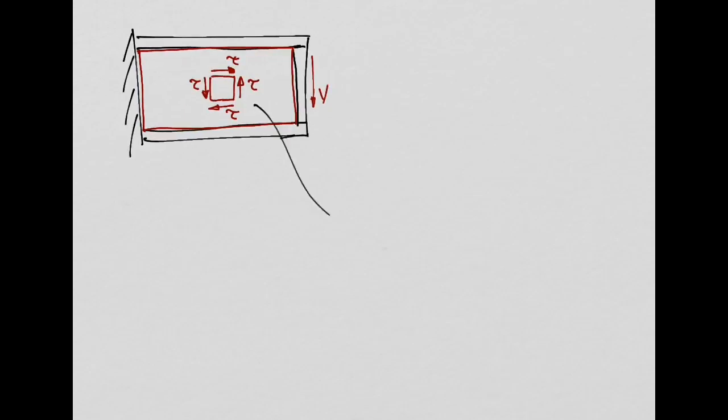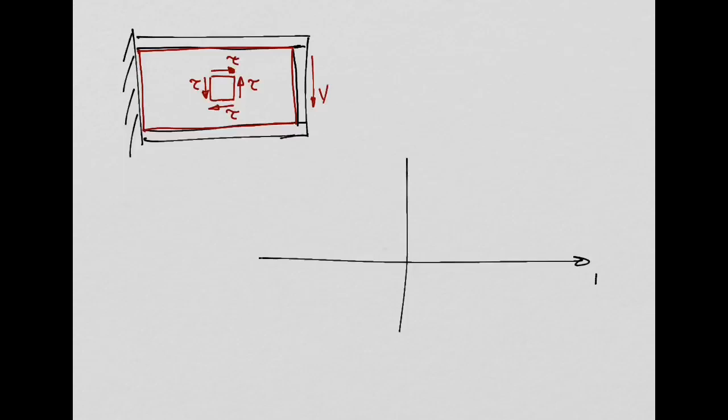So how can I represent this stress state in the Mohr's Circle? So, you know, in the Mohr's Circle you have this coordinate system where in the horizontal direction you have the direct stresses, right? In the vertical direction you have the shear stresses, yeah? Let me draw this a bit better.